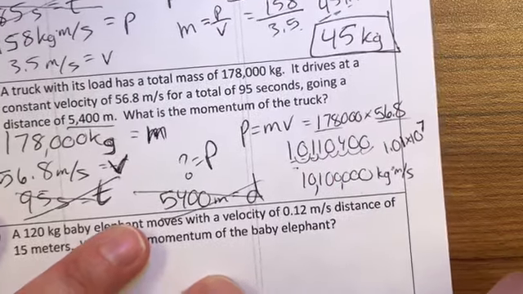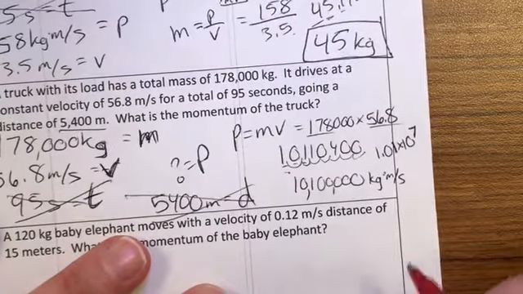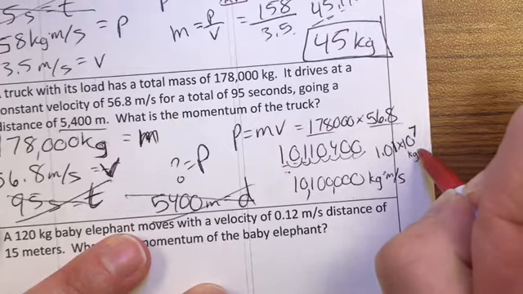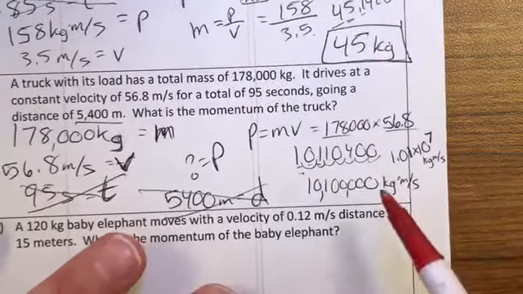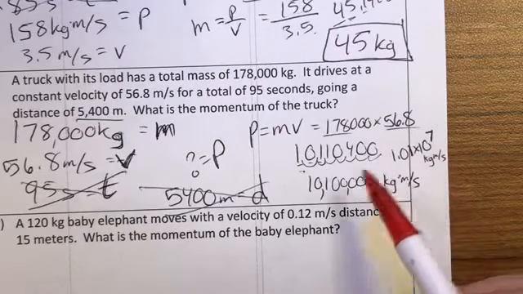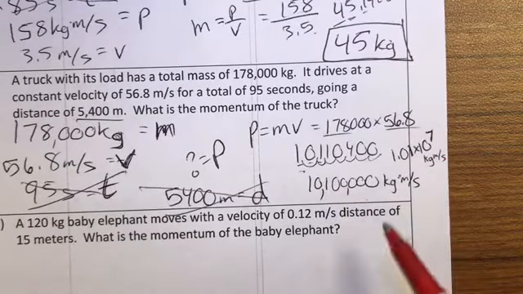Times 10 to the 7. 1.01 times 10 to the 7 kilogram meters per second would be the answer with scientific notation. It's a little bit easier to deal with this than that. Less likely to make a mistake writing an insufficient number of zeros.